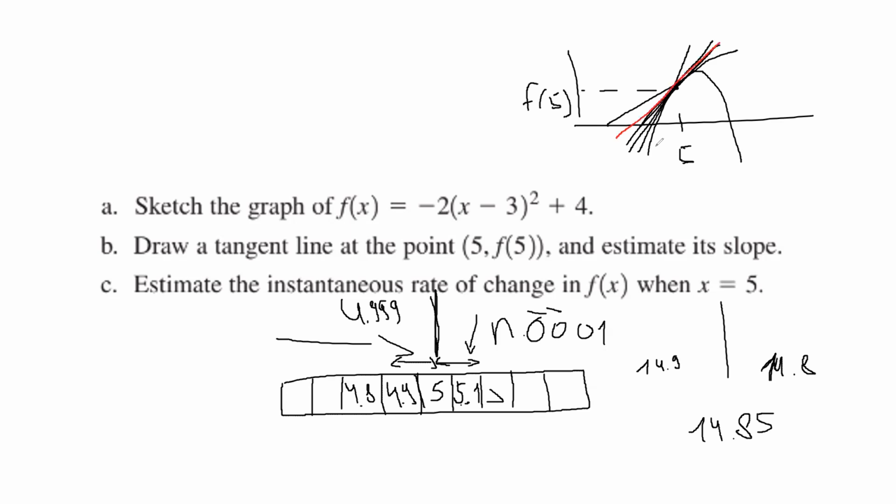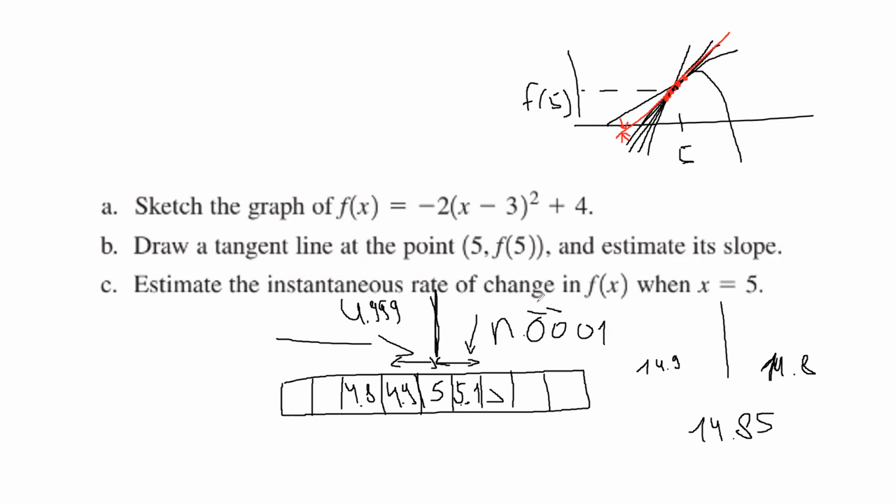If we take many secants, like one point here, one point here, then one point here, the closer we get, the closer we are going to be to the true instantaneous rate of change, or the slope of the tangent line. Is it clear?